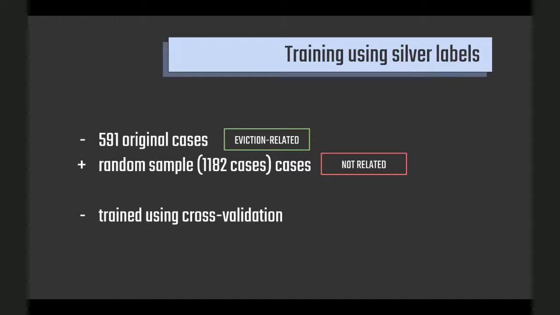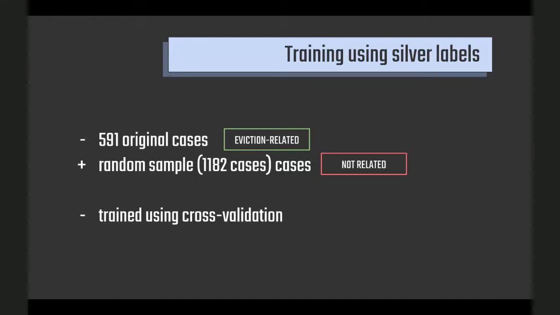When we say that we use cross-validation, it means that we took this whole data set with 591 cases and 1,182 cases altogether, then split it into three parts, and we would train our system on two of those parts and then try to test on the third part.